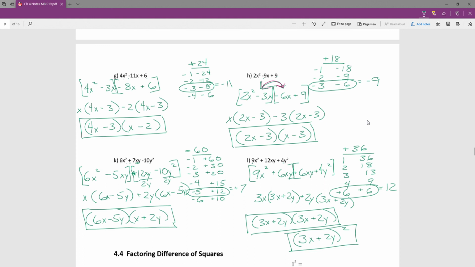So that's the end of our AC tests. If we were to keep track of what we've been doing, we've been talking about greatest common factor first. I'm going to switch colors. I don't have a lot of space here, but we talked about in factoring, we have greatest common factor. We've talked about 4 terms with factoring by grouping.